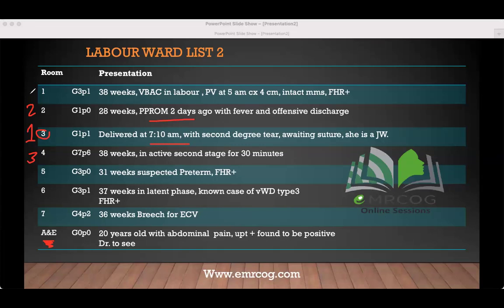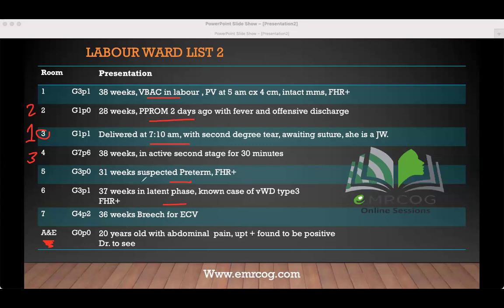Room number 6. Number 1. No, go to the case that will make a difference in her management. Go to the suspected preterm and then the PBAC. And then you go to the von Willebrand disease, because the von Willebrand disease is still early, still latent.